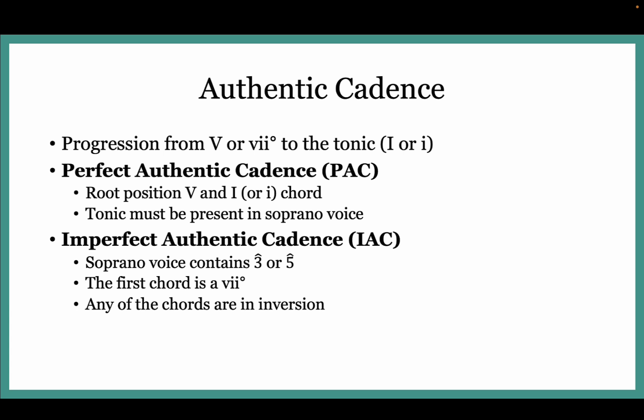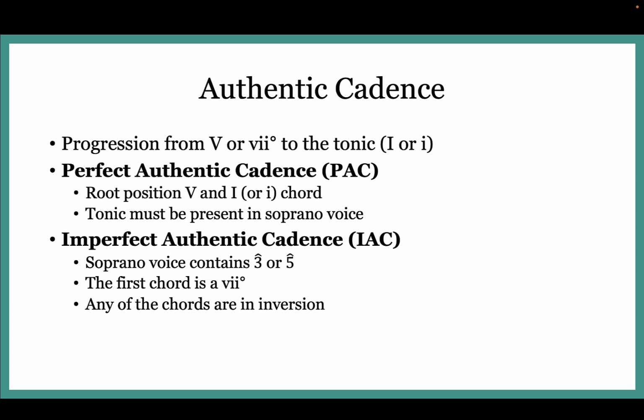So the way that you might categorize imperfect authentic cadences, the soprano voice either has mi or so, it doesn't have do, and that could be root position or not. The first chord, whether it's either a 5 or a 7 diminished, if it's a 7 diminished, it is immediately an imperfect authentic cadence.